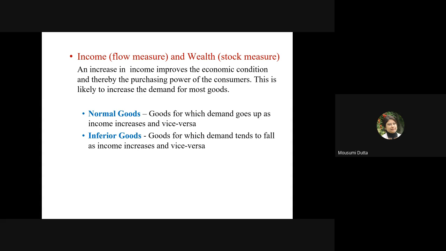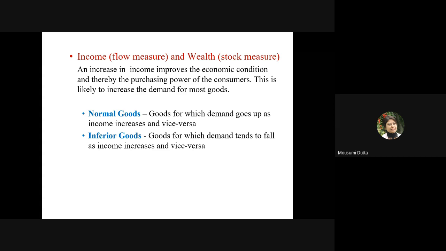Now, if you consider the basic needs, basic healthcare facilities, basic education facilities, the basic minimum food items that we need to survive, you will find that as income as well as the purchasing power of individuals improve, they spend more on luxury items, conspicuous consumption, rather than spending on the basic items.